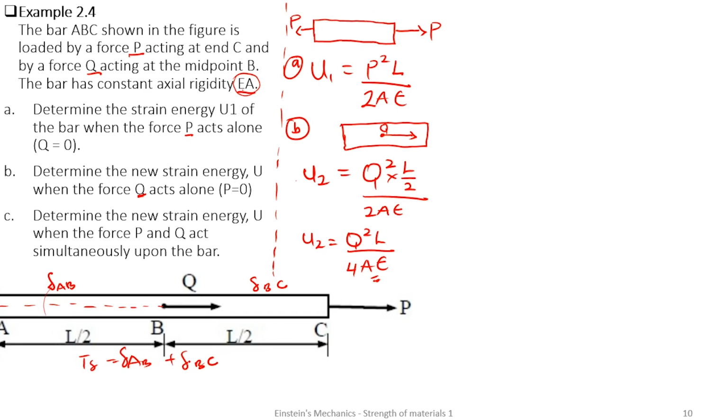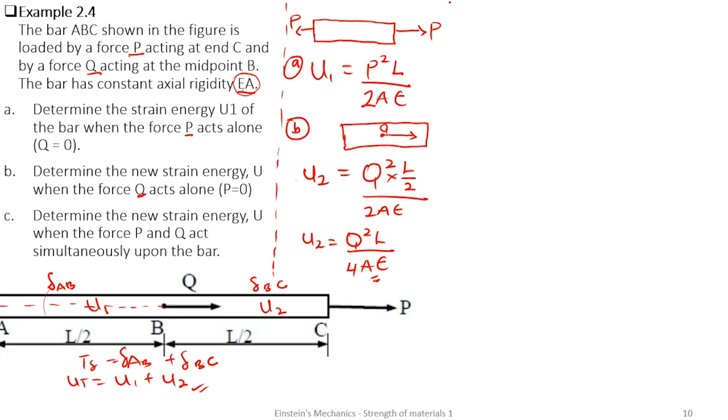The same thing happens to the strain energy. If there's a strain energy U1 here and a strain energy U2 here, the total strain energy is going to be U1 plus U2. Are we good? So the addition of the individual strain energies gives the total strain energy.